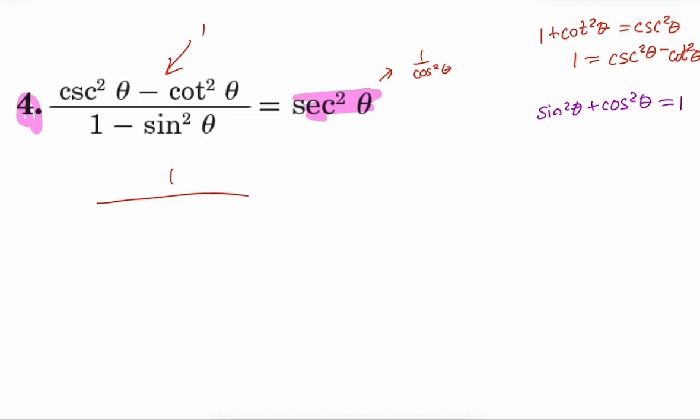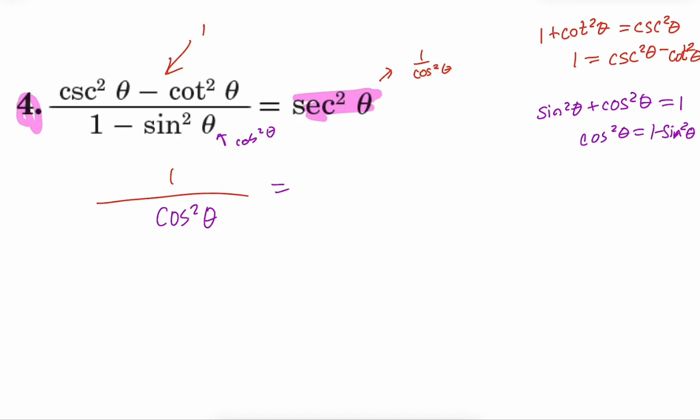Subtract the sine squared. So if we subtract the sine squared over, watch what we get. We get cosine squared is 1 minus sine squared. So that is a perfect substitution. I can replace this with a cosine squared. So this one actually became easier than I expected.